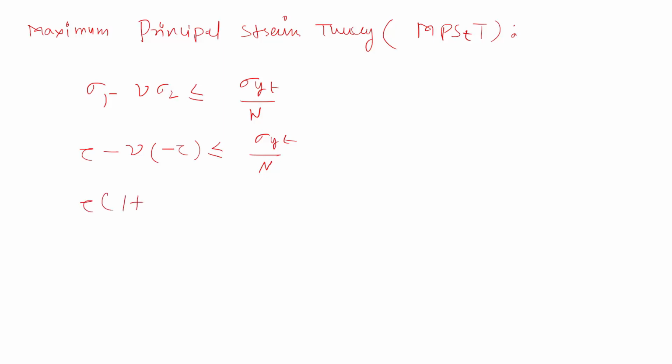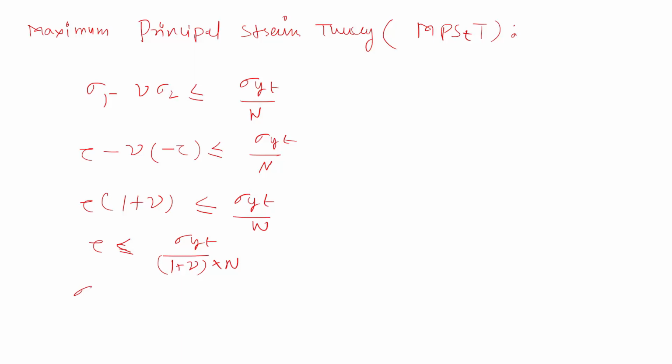or we can say tau times 1 plus mu is sigma yt over n, or we can say tau is equal to sigma yt over 1 plus mu multiplied by factor of safety n, and this tau is sigma ys over factor of safety.